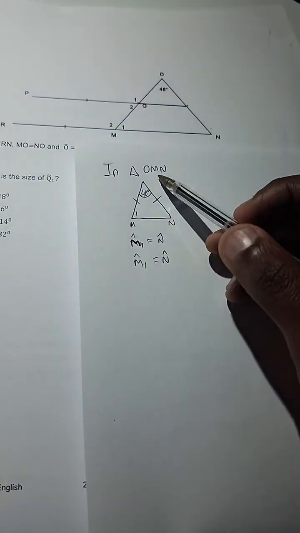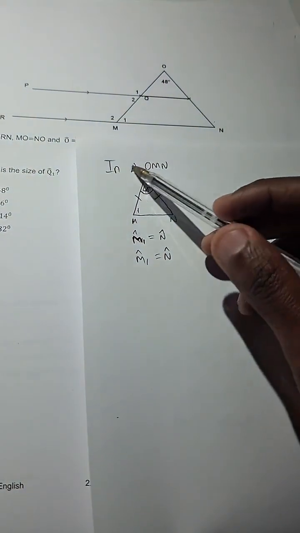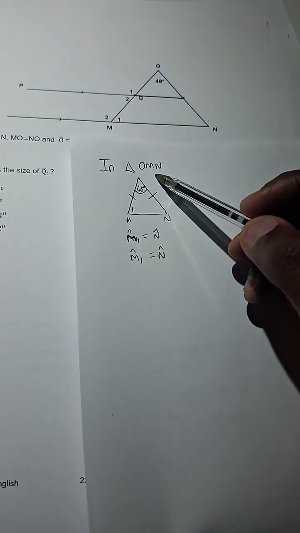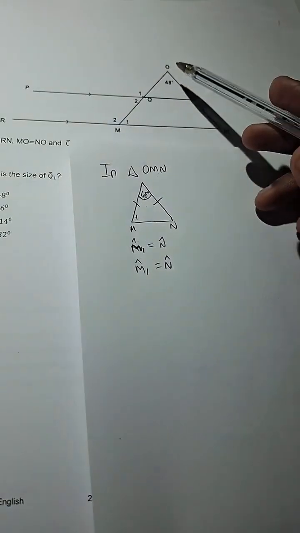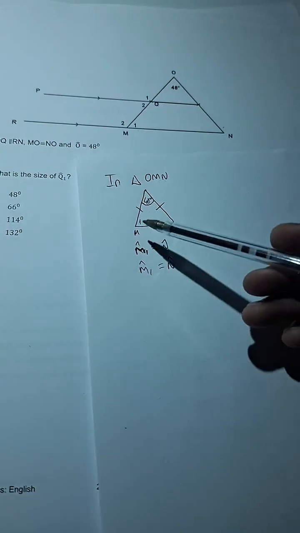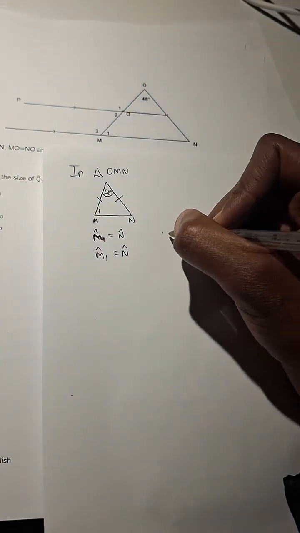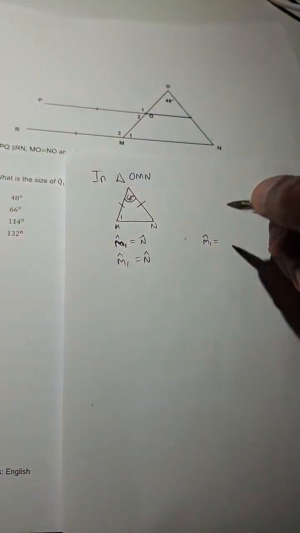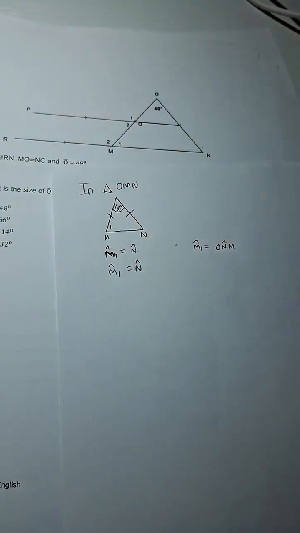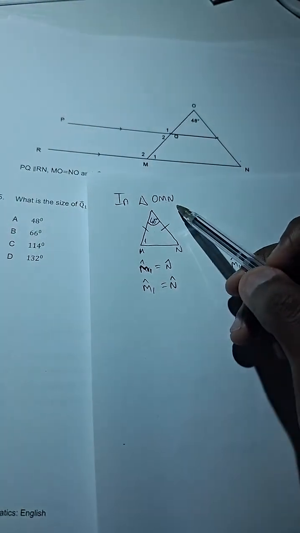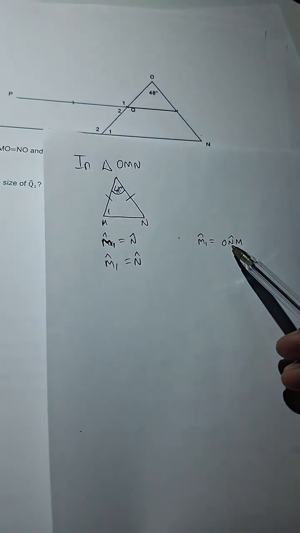If I didn't state the triangle, because the minute I say this, my teacher is saying, oh, the learner is working within triangle OMN. If I didn't say in triangle OMN, I would have to say angle M1 is equal to angle ONM.